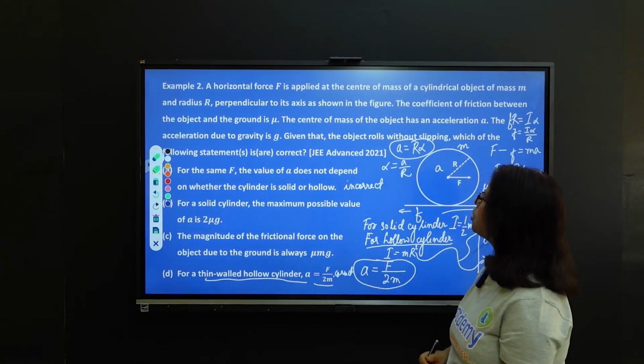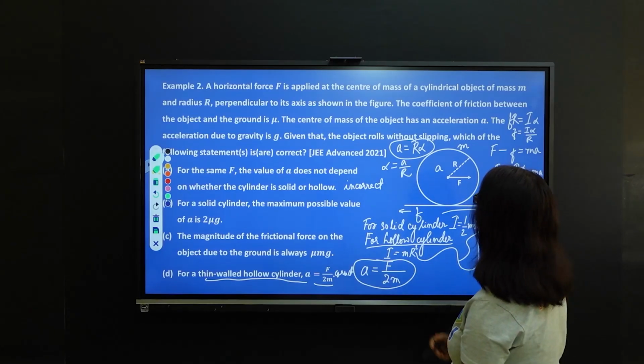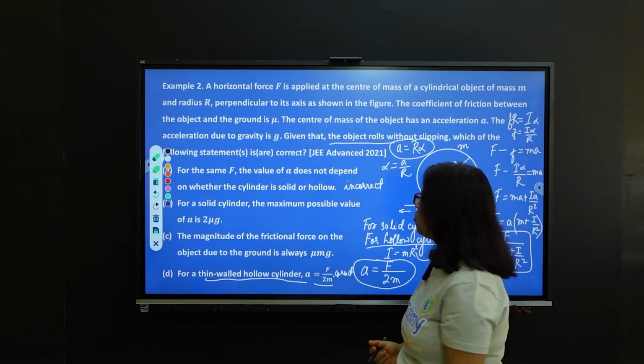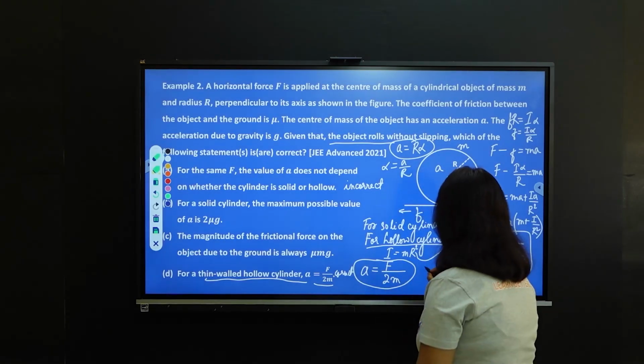Now we have one additional condition given in the question, and that is that the object rolls without slipping. So we are to use this here.